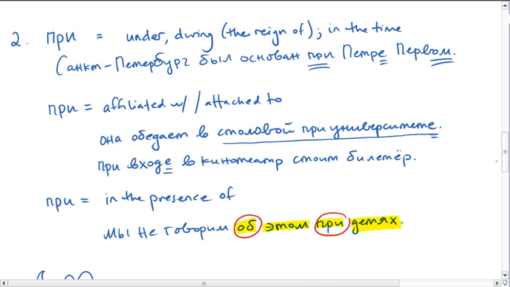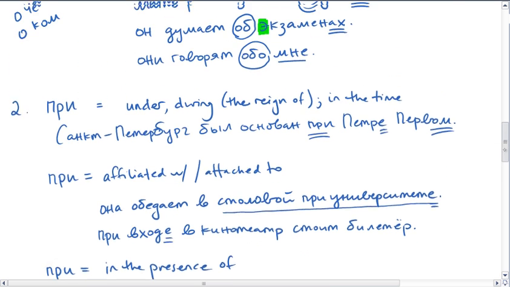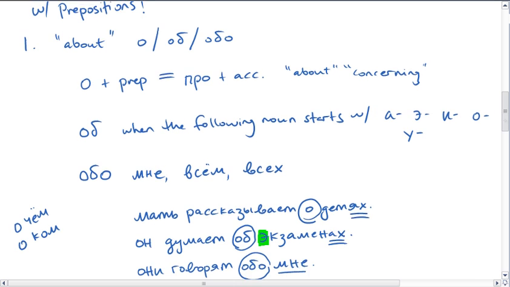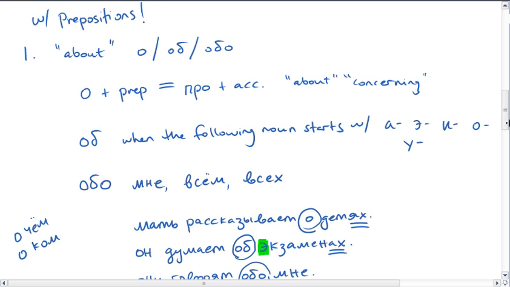During the reign of something or someone, or if something's affiliated with or attached to something else, or if we're talking about doing something in the presence of someone or something. And we have the preposition to say about, which is three different ways, о, об, or обо.